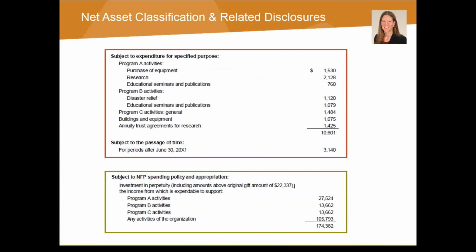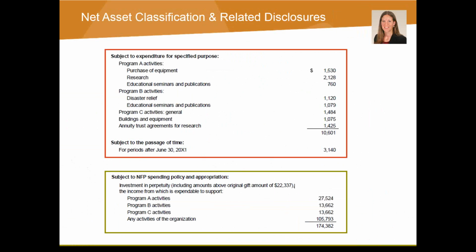So let's take a look at this in a little bit of a tabular format. That first screenshot there shows net assets that are subject to expenditure for specific purposes. As I mentioned, this disclosure probably doesn't look a lot different from what you're used to seeing, except that one enhancement is the nature of the purposes for the expenditure restrictions are broken down a little further within the programs.